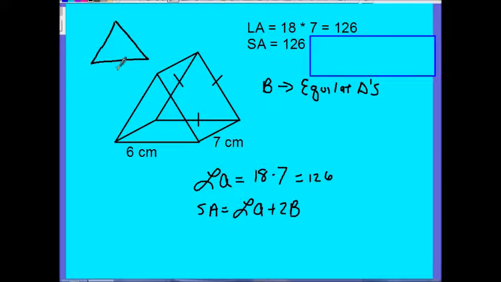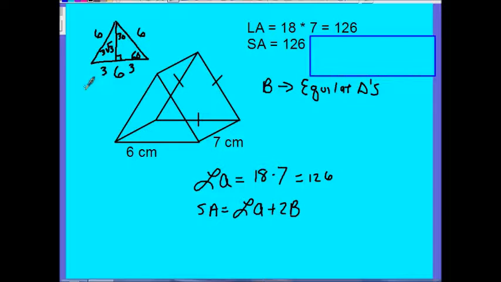All of my sides are length 6. Now I'm going to drop in a height. We know if it's equilateral, it's equiangular, so I've got a 60-degree angle here and a 30 here with my 90. That height splits my base into two equal pieces, 3 and 3. If across from my 30 is 3, across from my 60 is 3 root 3, which is my height.